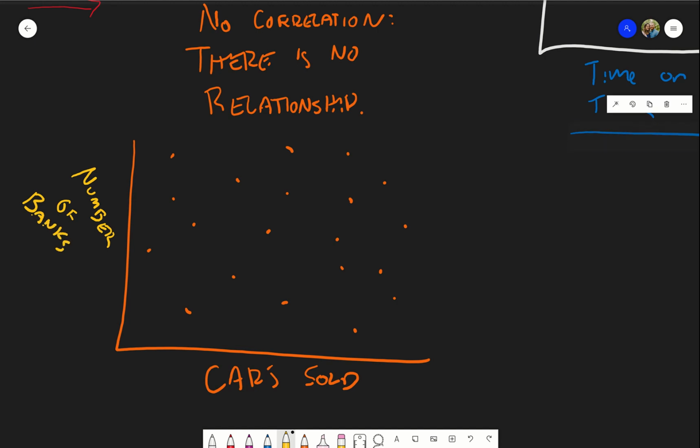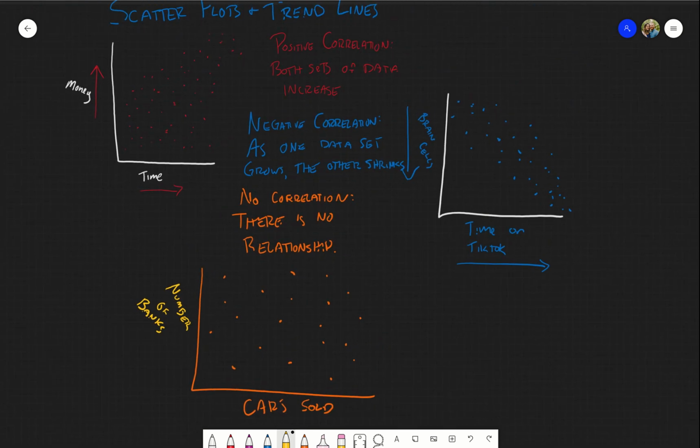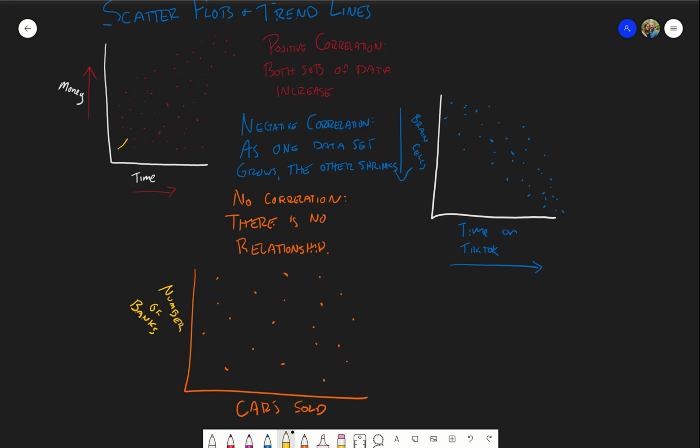Number of banks. Doesn't matter how many banks there are. It's not going to impact how many cars are being sold. Whether that's true or not, I don't know. So these are the three different correlations we see with scatter plots: positive, negative, and no correlation. There's no relationship between the two values.